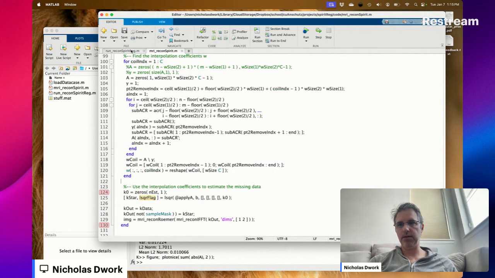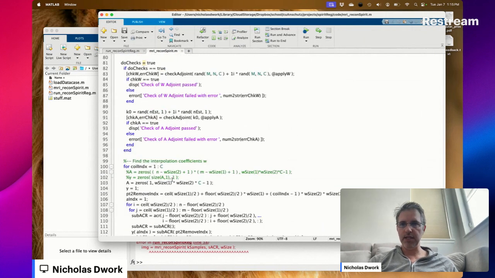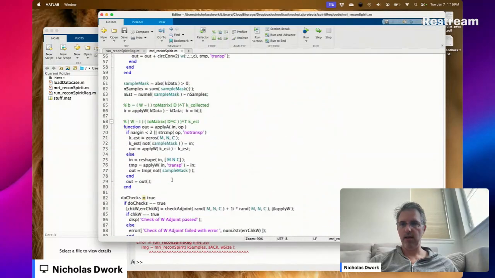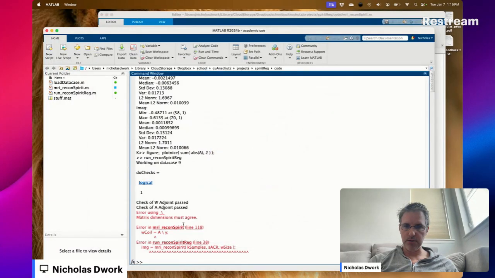So let's see what happens if we do that. This is cheating because it's memory inefficient and you can't do it in C. But we can do it in MATLAB, so let's use the tools that we have.